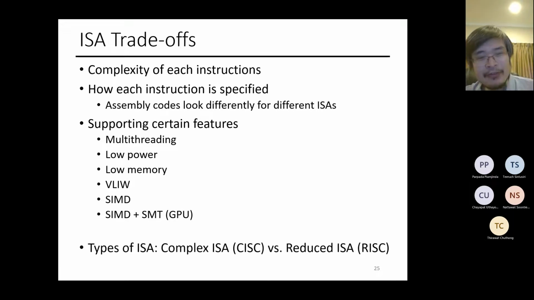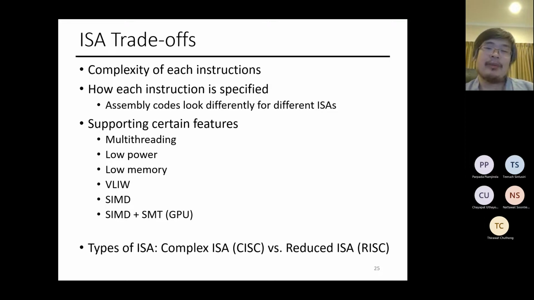There are also different types of ISA: complex ISA, which supports a lot of different instructions. There are instructions where, with one command, you loop around to do a certain thing. Or you can use reduced ISA, or RISC ISA, that only has the core components of what a computer needs to make it programmable, right?